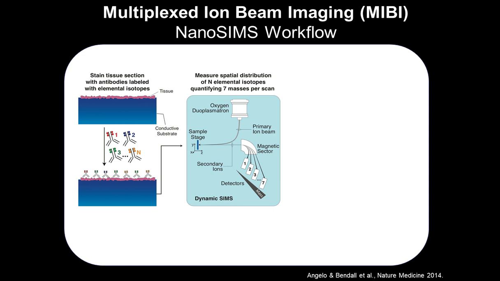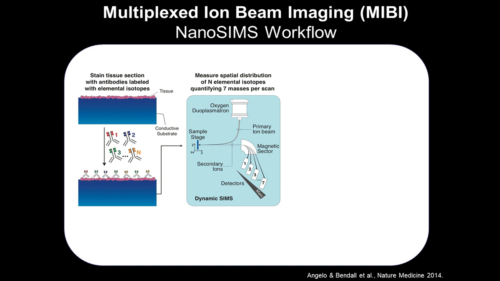The short version is you have your tissue mounted on a surface. In this case, we were using an analytical instrument called the NanoSIMS, and this surface was a conductive piece of silicon. We'd mounted the tissue on it and stained it, in this case mostly with antibodies with metal reporter probes attached to them.